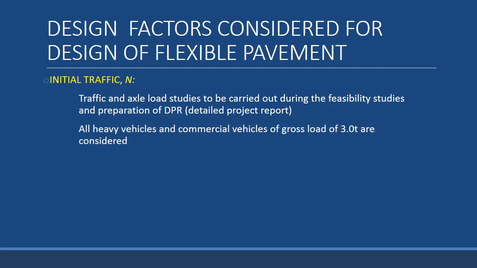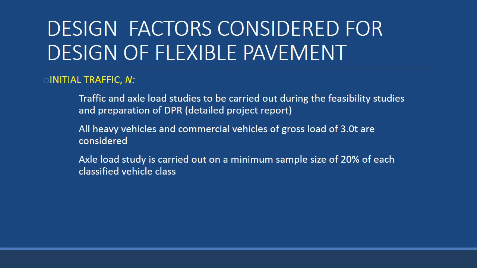Now all heavy vehicles and commercial vehicles of gross load of 3 tons are considered. So while studying the nature of the traffic and the load, the vehicle class that we consider should be of gross load value of at least 3 tons.